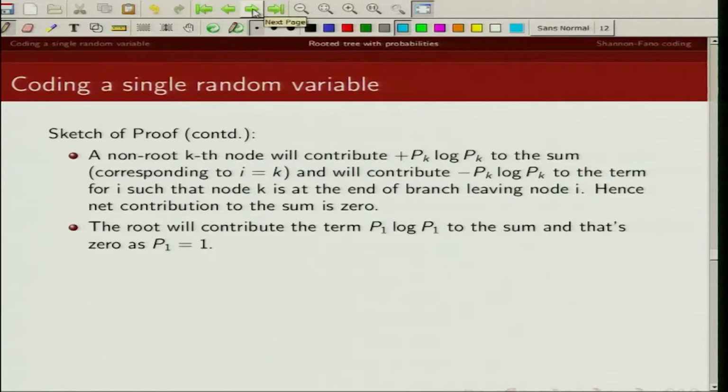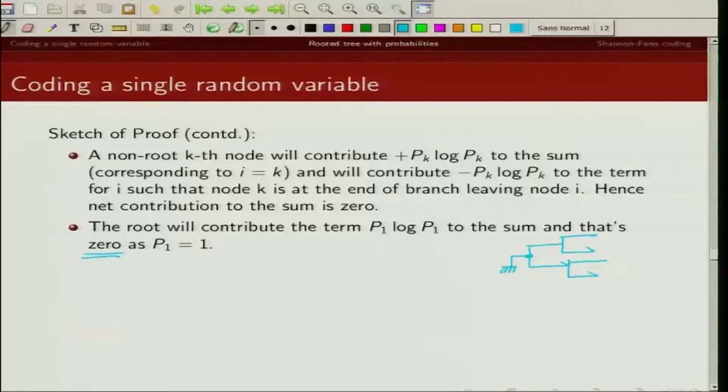What about the root? So if you look at the root, what is the contribution of the root? Now this root will contribute Pi log Pi, where Pi is 1, to the sum. So that contribution is also 0. So the contribution of a root node is also 0.